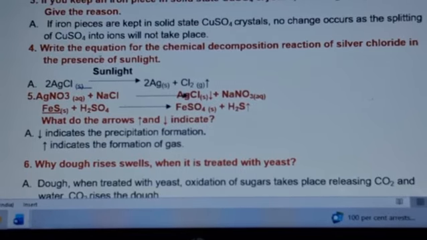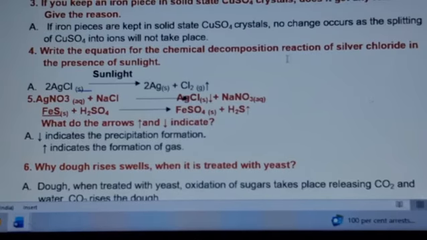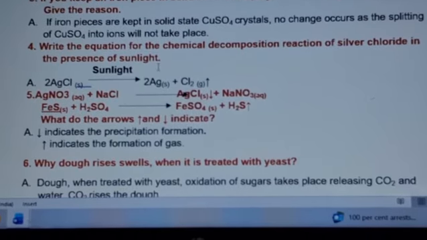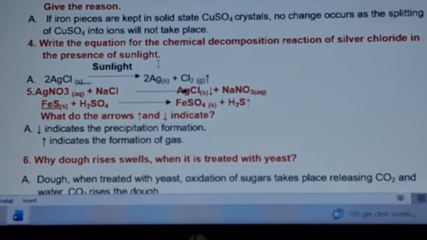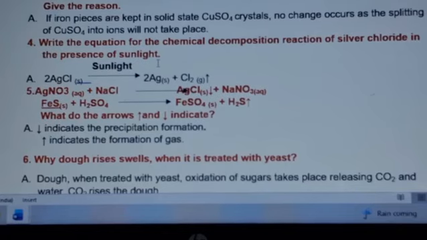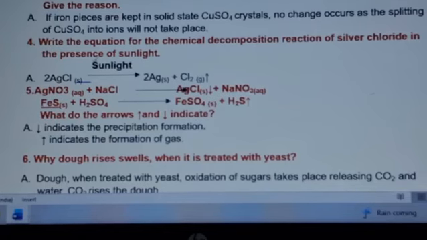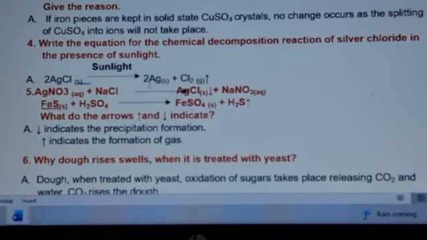Next question. Write the equation for the chemical decomposition reaction of silver chloride in the presence of sunlight. Decomposition means splitting of the molecule. Silver chloride, when it is placed under the sunlight, splits into silver and chlorine.